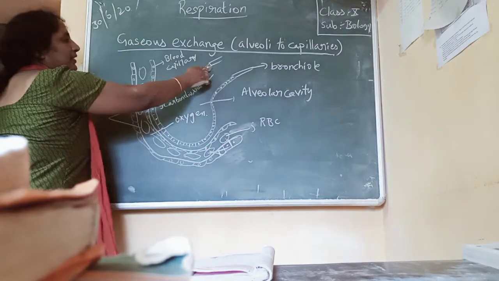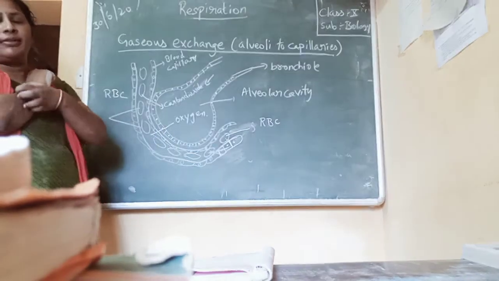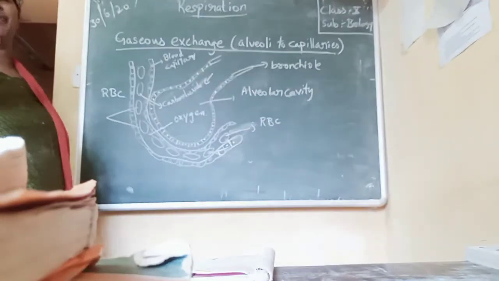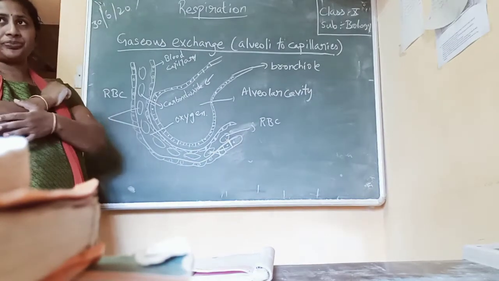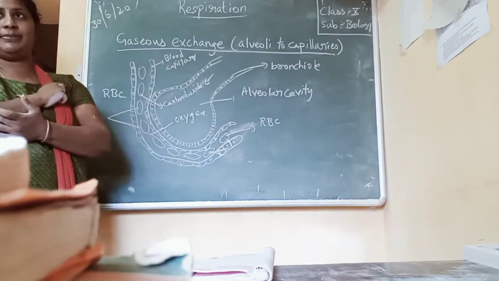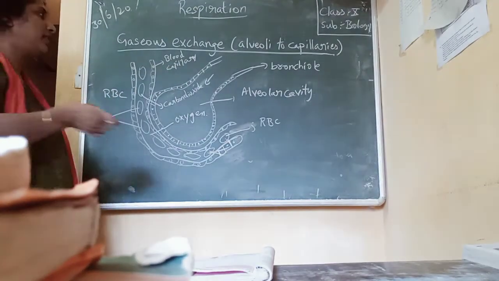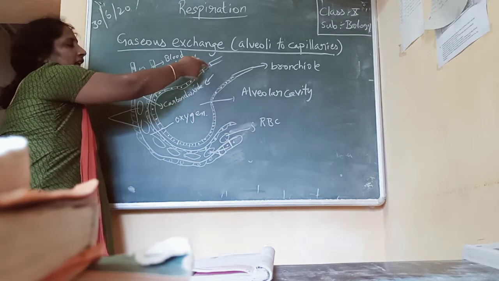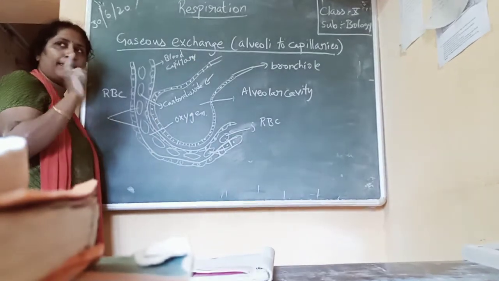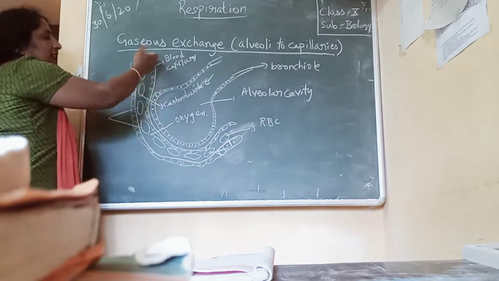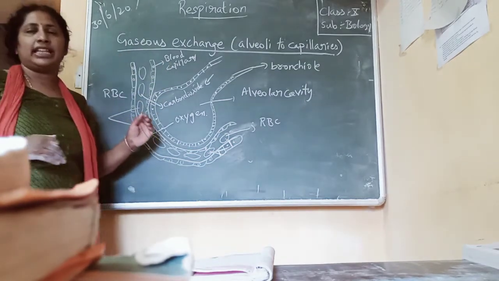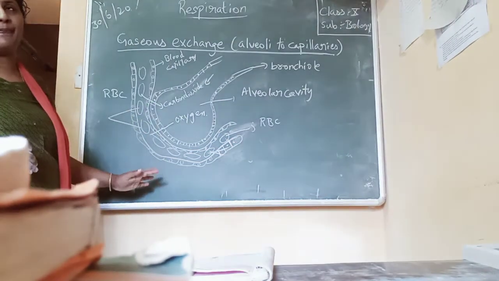They are made up of a single layer, meaning the cell membrane is made up of a single layer. So alveoli are single membraned. They are surrounded by blood capillaries.